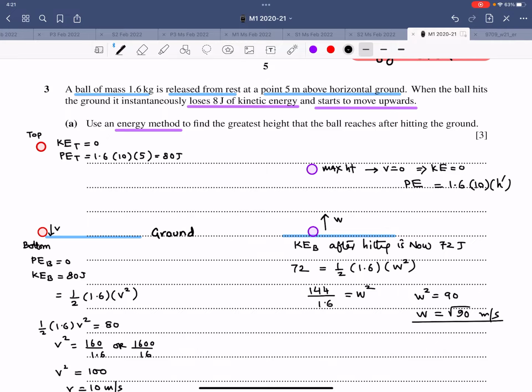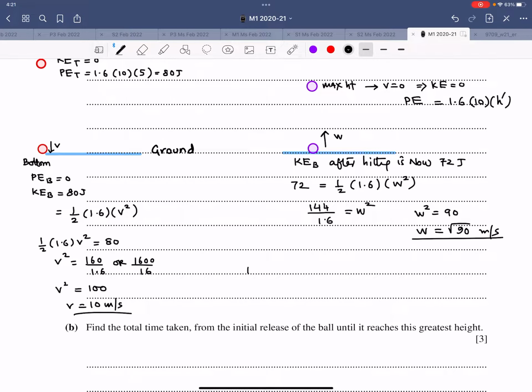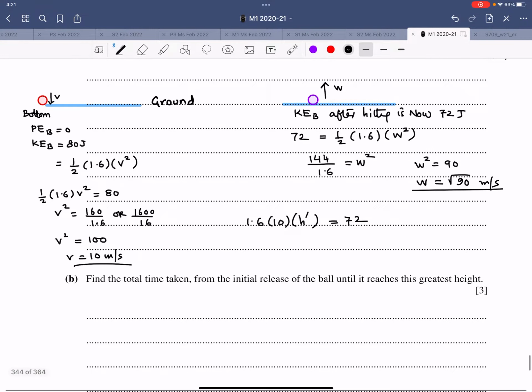So 1.6 into g, that is 10, multiplied by the new h, should equal 72. Of course, the height would be lesser. So 72 divided by 16 comes out to be 4.5. So it rises to a height of 4.5 meters. That is the answer for this part.